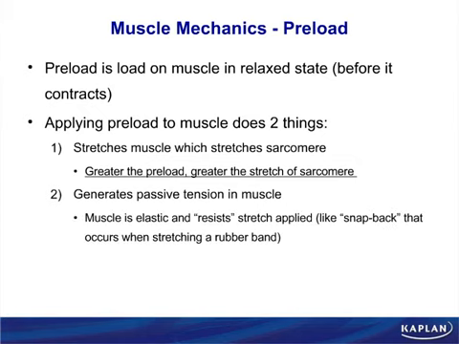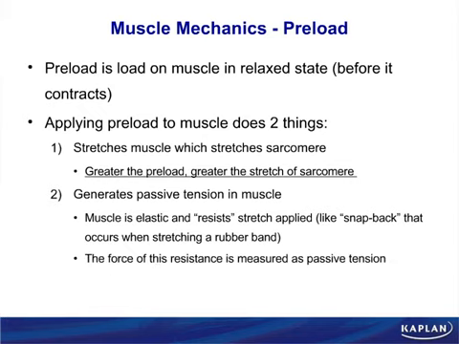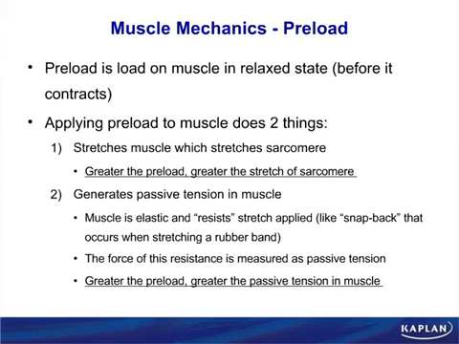Here's the way to think about it. Think about skeletal muscle as like a rubber band. It has elasticity. It wants to snap back. It resists stretch. So as I start putting more and more of a load on a muscle in a relaxed state, in other words, I just start pulling a rubber band, you can feel the tension on the finger holding the rubber band.